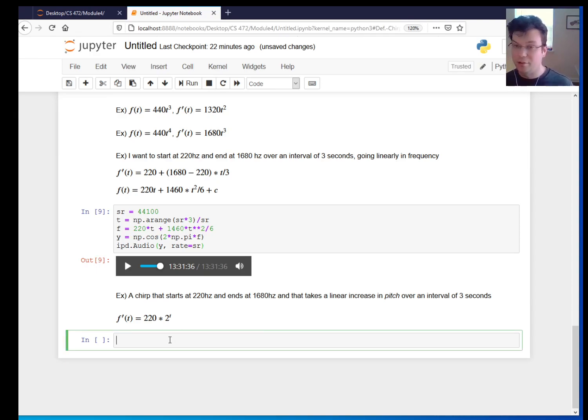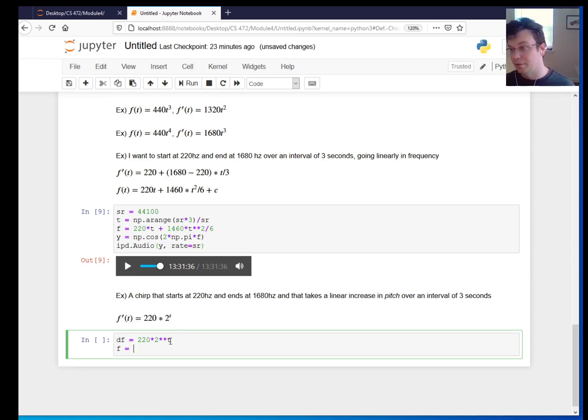We can do that with the help of a function in Python called cumsum, cumulative sum. So if my derivative of f, my instantaneous frequency, is 220 times 2 raised to the t, I can then integrate that numerically as a cumulative sum of a bunch of rectangles.